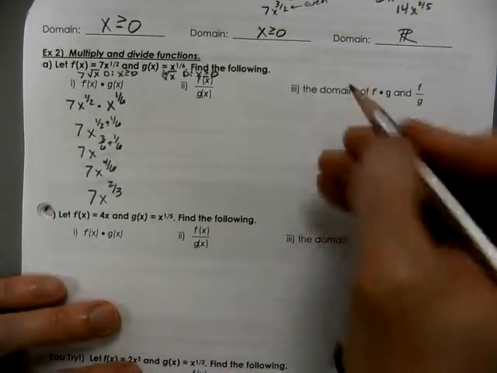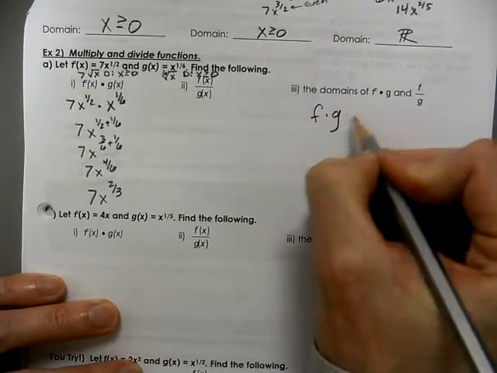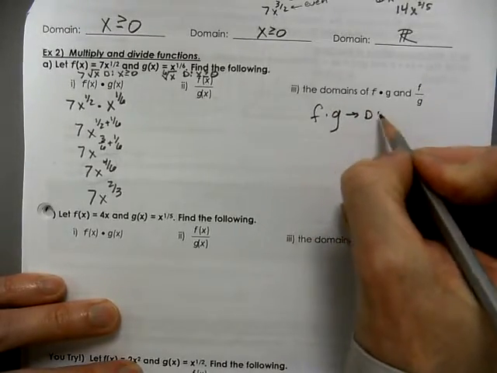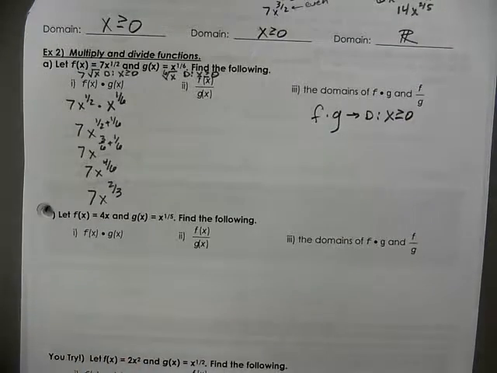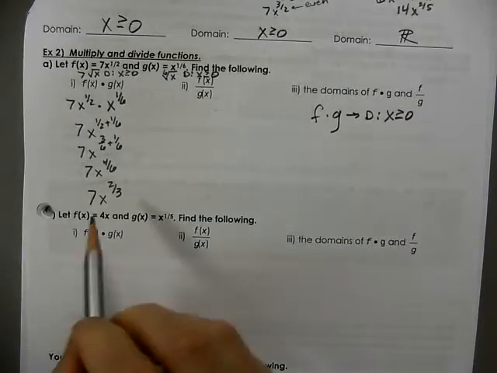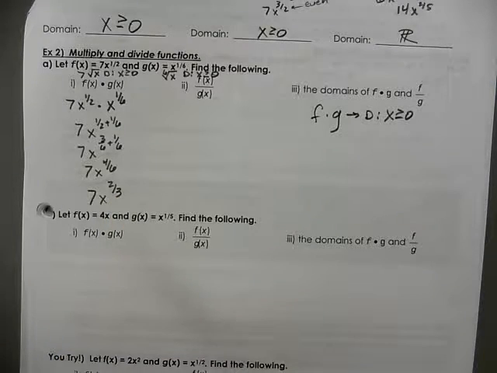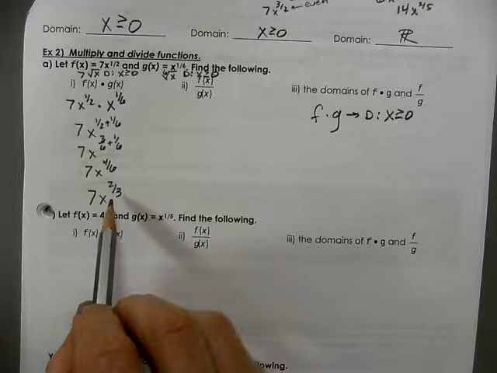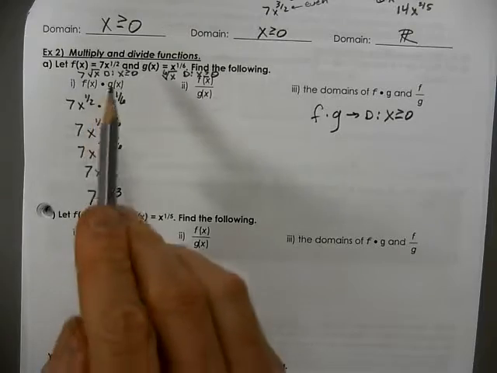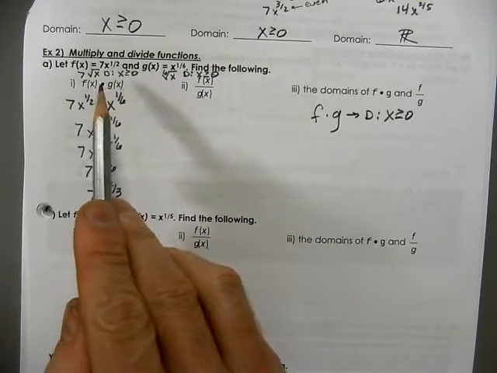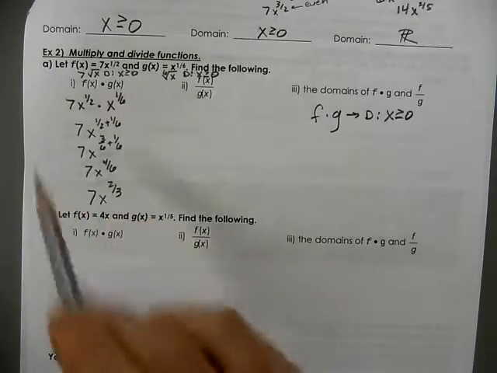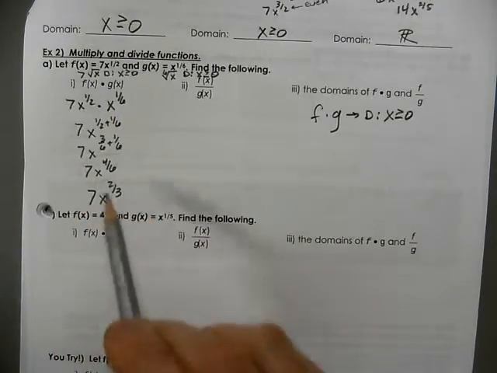So yes, our domain for multiplying is going to be greater than or equal to 0, even though we have a denominator of an odd, of a 3, because it could only include non-negatives, we cannot include the negatives that this would allow.